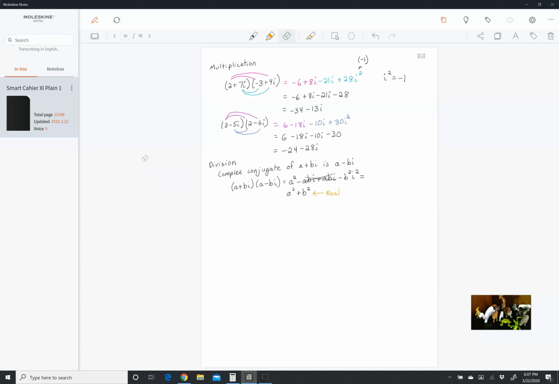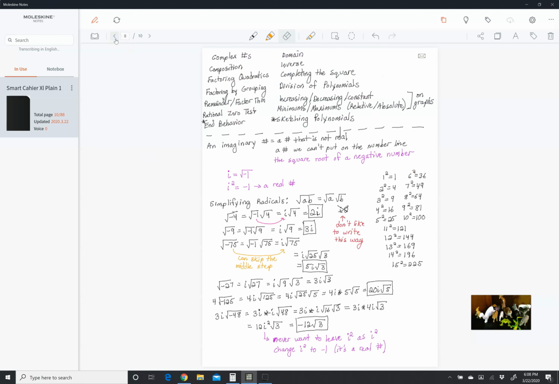When we do division of complex numbers, so let's take 3 minus 4i over 5 plus 6i. So when we were talking before about square roots, we said we hate square roots, right? We hate them. Well, the same thing is true about division.